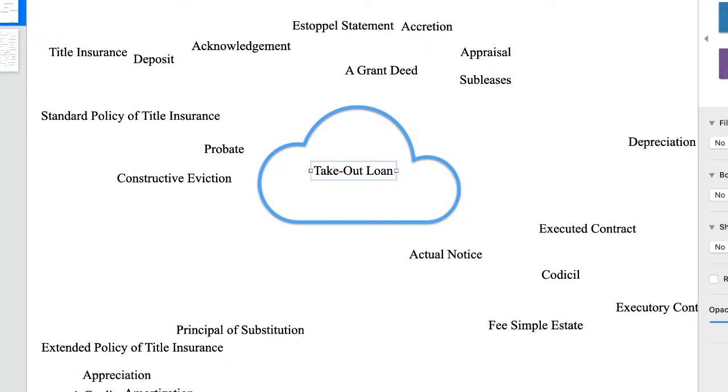So you have a short-term loan, which is an interim loan, and a takeout loan is a long-term loan. Short-term loans are for the construction process, and when it's done, they convert it to a takeout loan. What I'd like you to write down is: short-term loan, interim loan; takeout loan, long-term loan. Everybody write that. Short-term loan, interim loan, takeout loan, long-term loan.